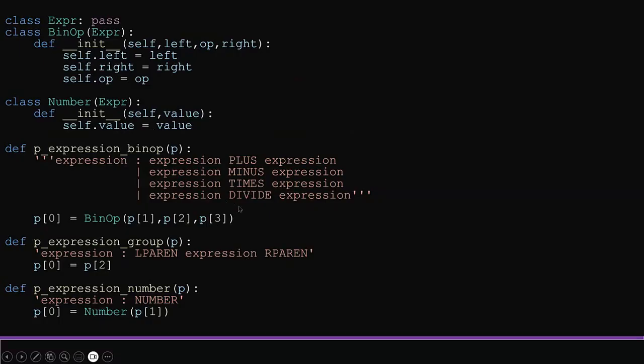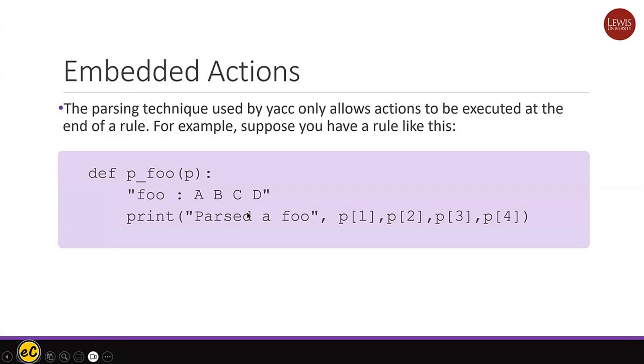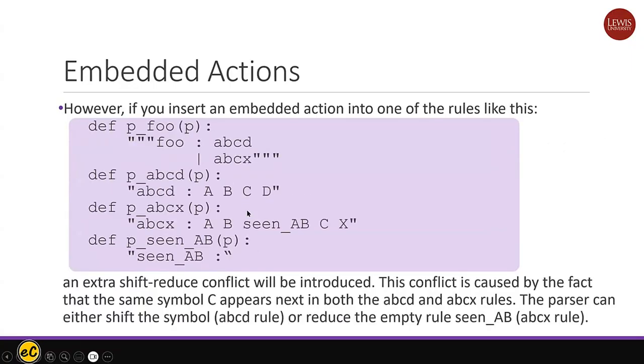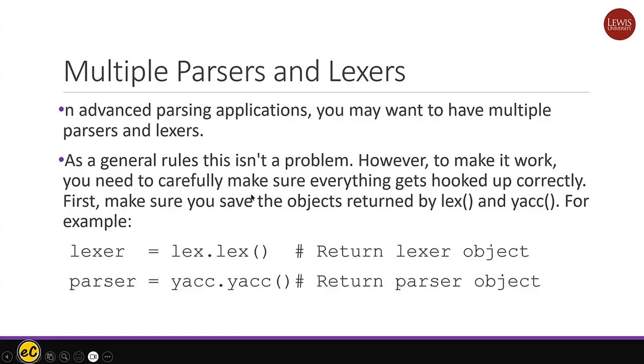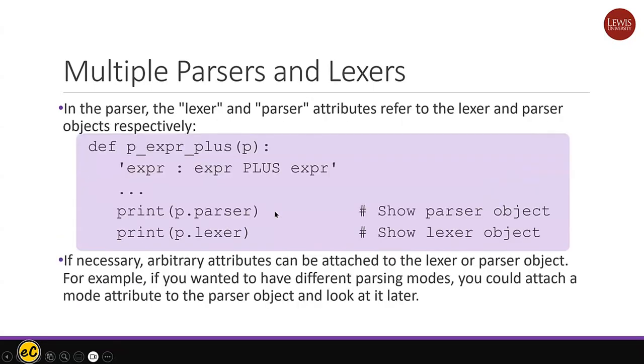So talk about how to construct an AST using Python functions. Okay, the next one is multiple parsers and Lex-Yacc. You can include multiple Lex-Yacc and parsers into your program.